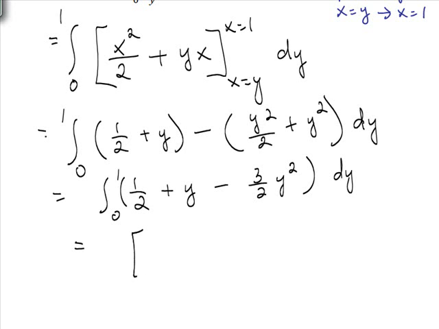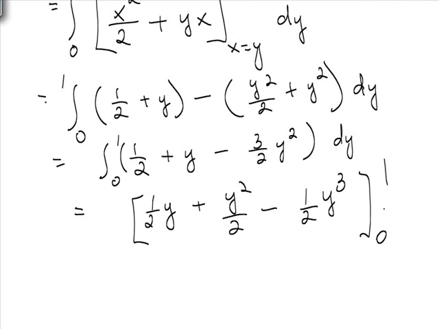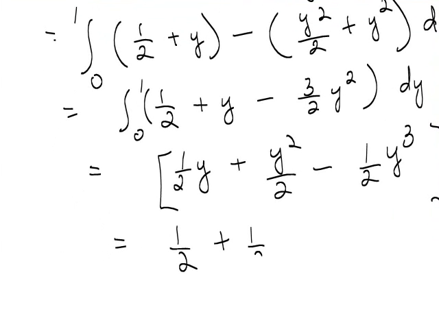Integrate with respect to y, so that is just single variable calculus. That's a half y plus y squared over 2 minus y cubed divided by 3, so that's a half, from 0 to 1. Substitute, you get a half plus a half minus a half, which is a half.